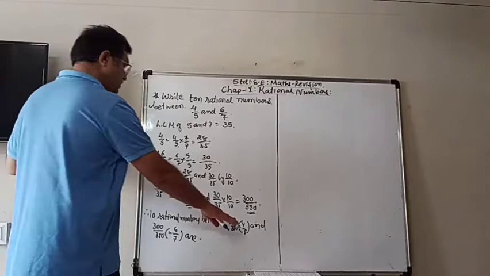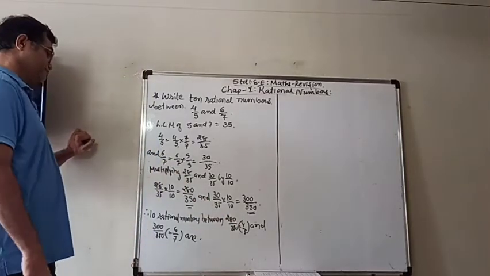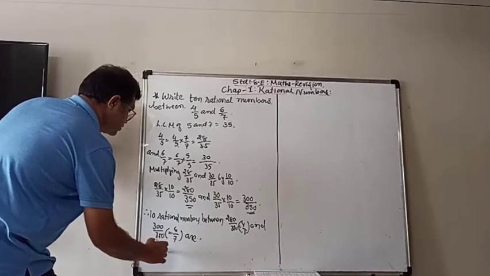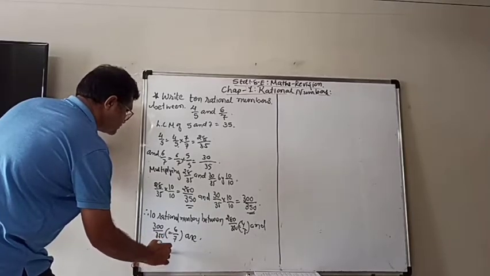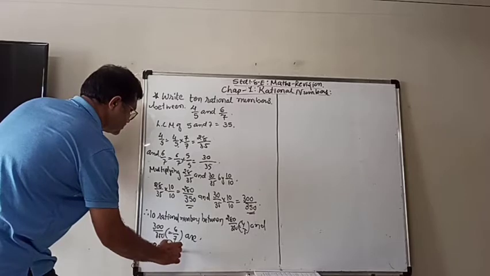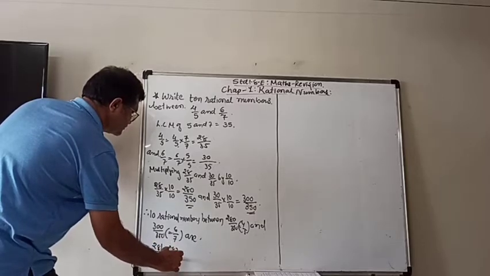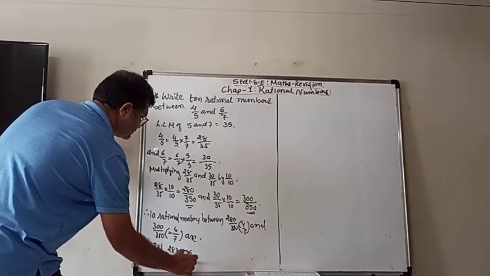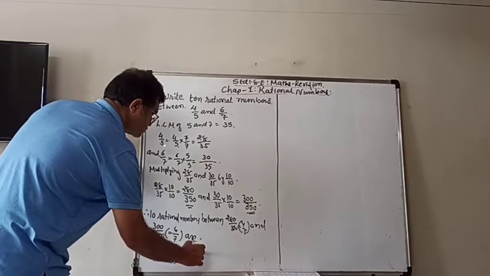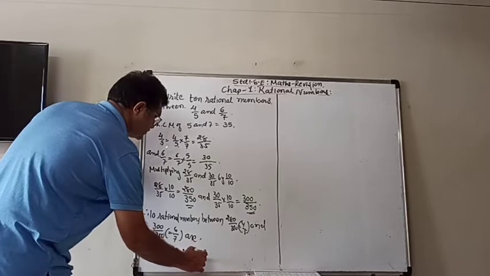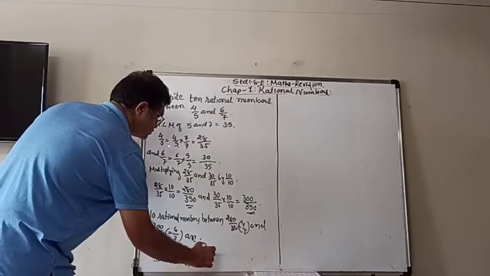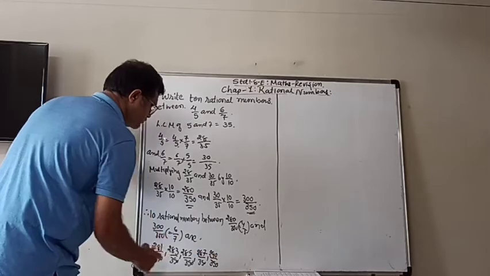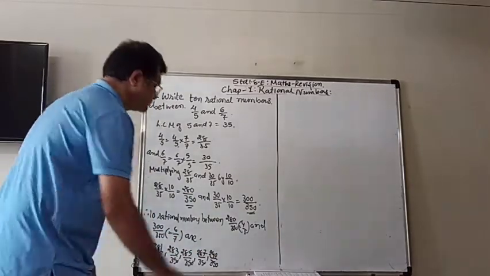So now between 280 and 300 we can take 281/350, 283/350, 285/350, 287/350, 290/350, 1 2 3 4 5, another 5.